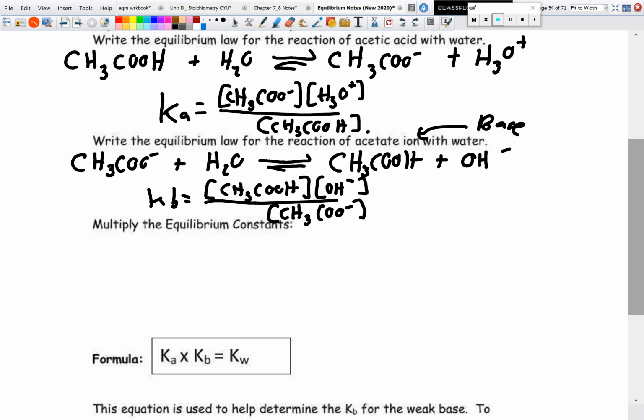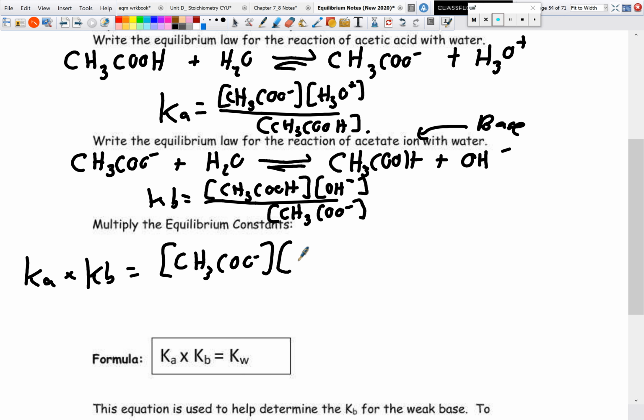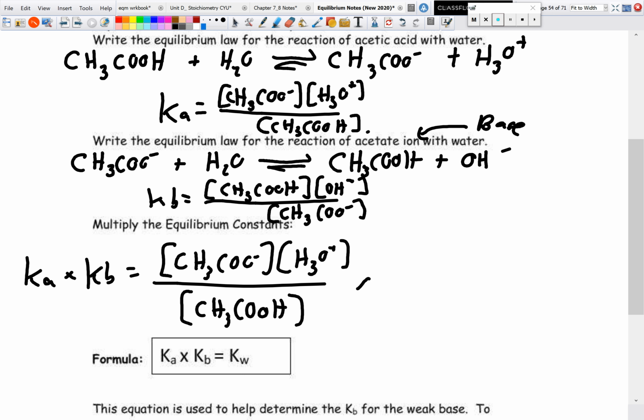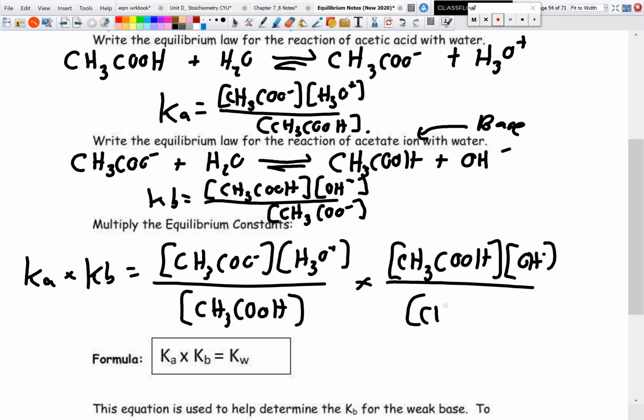Now, for example, if we multiplied two of these together, because we already knew hydronium times hydroxide gives us Kw, so what happens if we actually multiply Ka times Kb together? Well, we substitute in our values. So Ka was CH3COO minus H3O plus all over CH3COOH, and our Kb was like this.